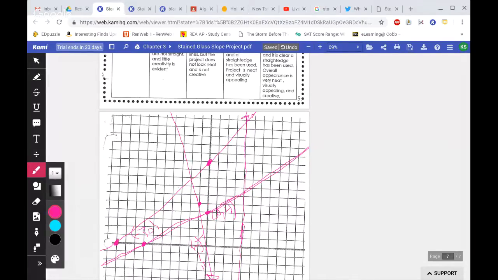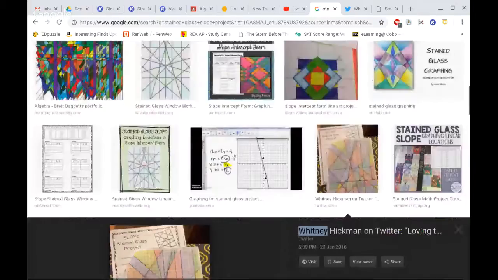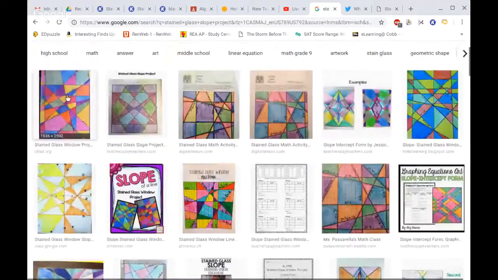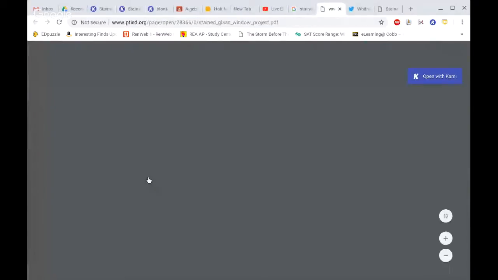So you're going to create, and will it help maybe if I keep showing you pictures of other people's? Yes. So let's go back to this one. I think this is the one I was trying to find earlier, so I hope it pulls up good.